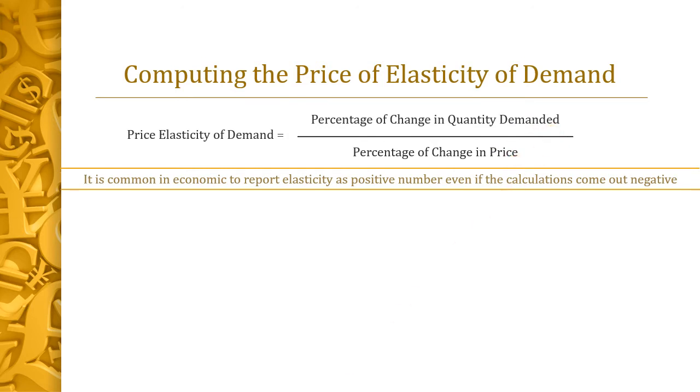A -2 or a +2 still shows the same thing to us. I will say, though, I occasionally see the negative number pop up when I'm listening to a government report or occasionally a business report, but in most cases, when you see elasticity of demand, there's not going to be any negatives.